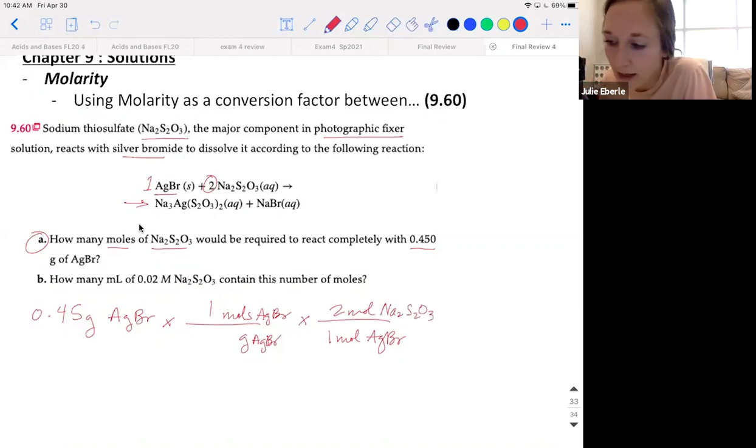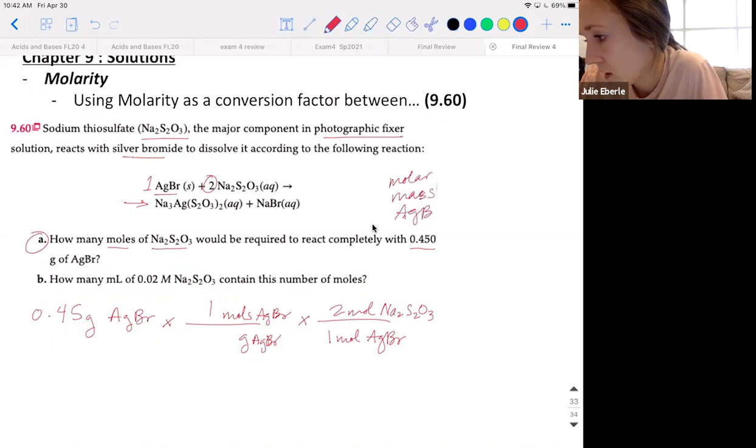So I just need the molar mass of AgBr. Silver is 107.87. That is the silver part.